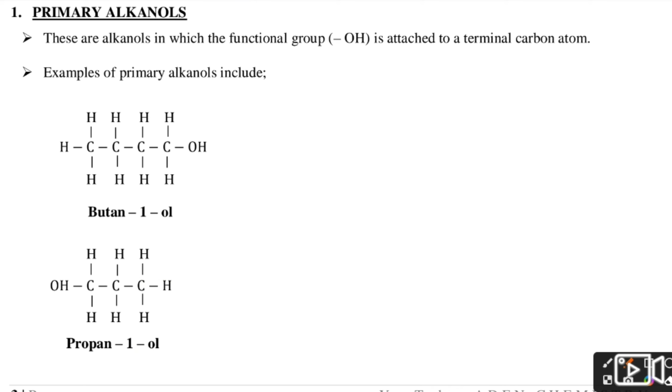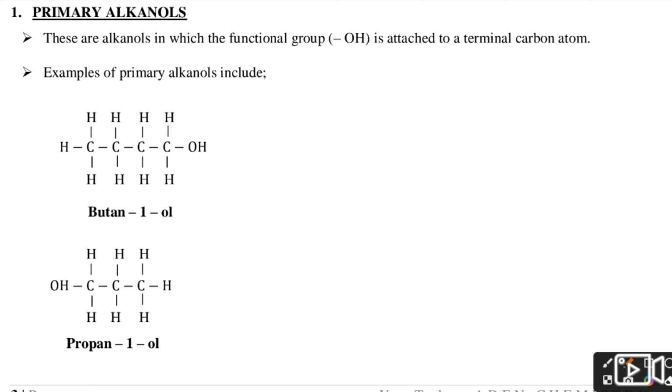So if we put the functional group on the terminal carbon atom, what's the terminal carbon atom? It's the first carbon or the last carbon. That's called a terminal carbon atom, or a carbon with two hydrogen atoms.